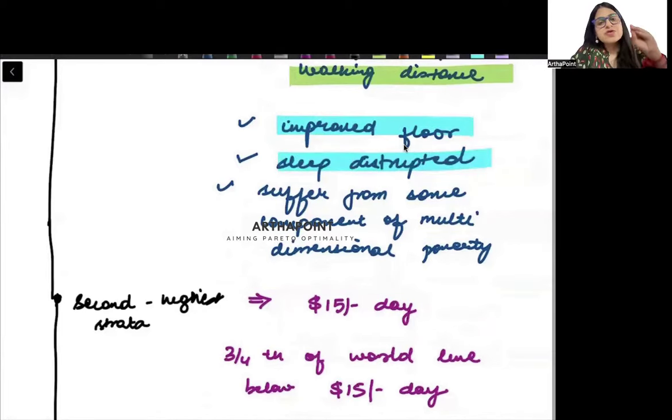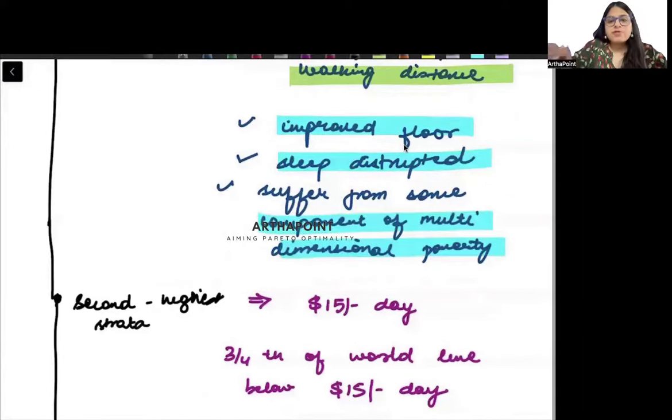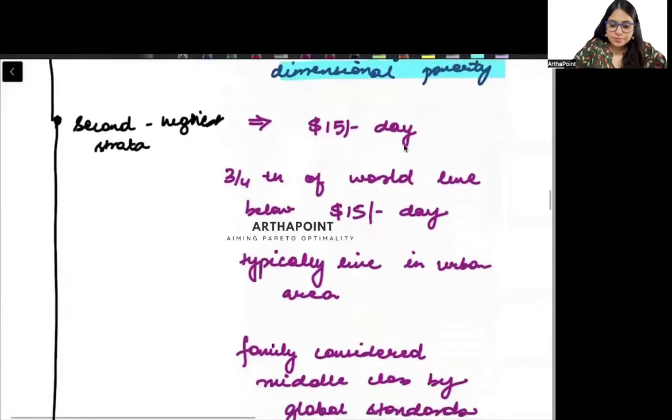And they will face some kind of MDP, meaning multi-dimensional poverty, where you can be poor on the basis of education, health, income. They will see poverty on some aspect. Maybe they will not be able to afford good education or good health or good sanitation. In one component they will be suffering. So they suffer from some component of multi-dimensional poverty.